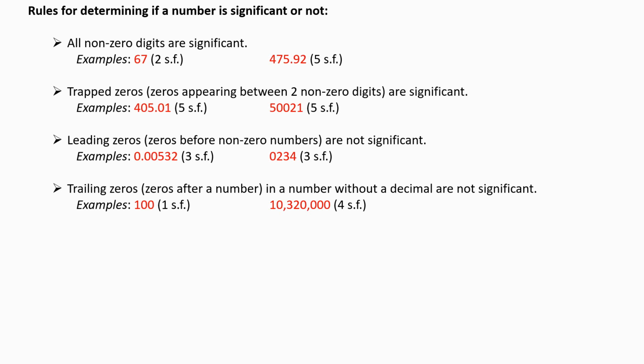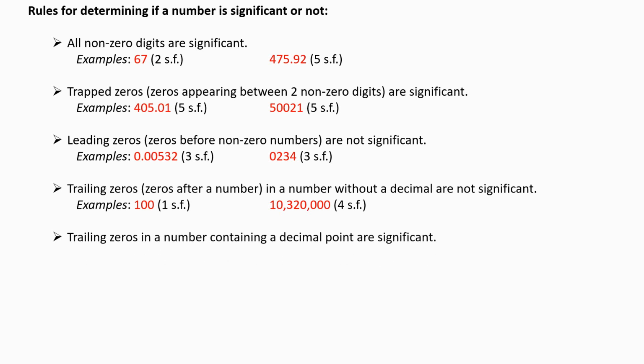We have 10,320,000 is a number to four significant figures. Since the zero between 1 and 3 is significant as identified in rule 2, but the zeros after 2 are not significant, therefore the number is to four significant figures. We have trailing zeros in a number containing a decimal point are significant.